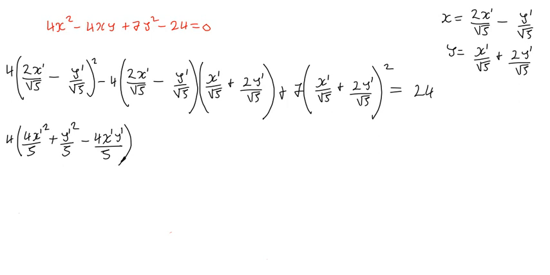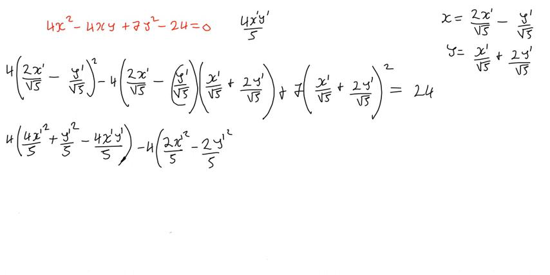Okay, so you go to the next one, which is minus 4 open bracket. This one multiplied by this one, you're going to end up with 2x prime squared divided by 5. Then let me multiply this one times this one in advance. I'm going to get minus 2y prime squared divided by 5. Then this one by this one here, you're going to get 4x prime y prime divided by 5.